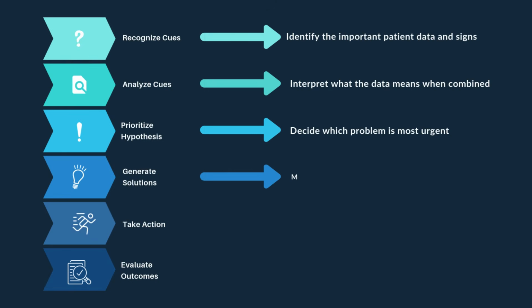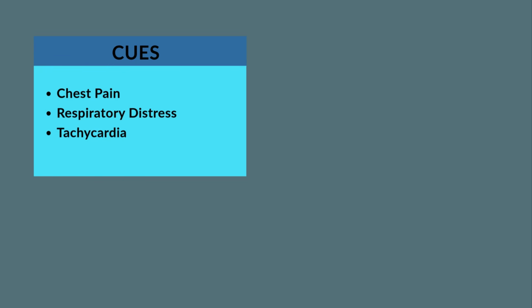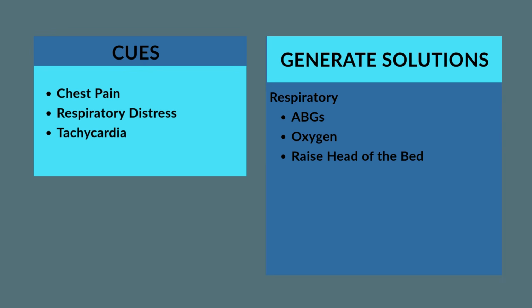Finally, we need to generate solutions. So what are the solutions you're going to do for this patient that has chest pain and respiratory distress and tachycardia? Well, for our respiratory issues, we may have to get an arterial blood gas. We're definitely going to put them on oxygen first and foremost and put them up in the bed higher so they can breathe more easily. Secondly, the patient's having tachycardia.